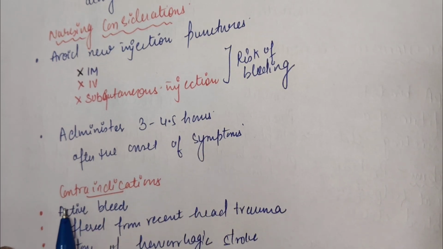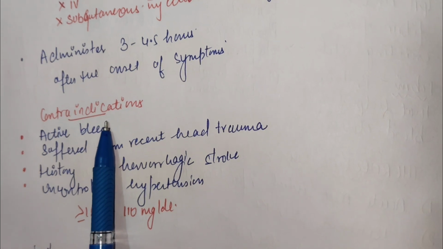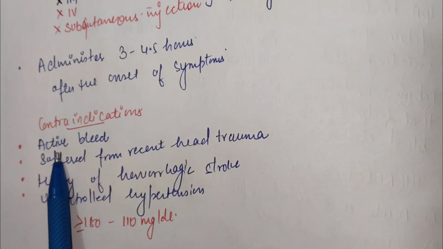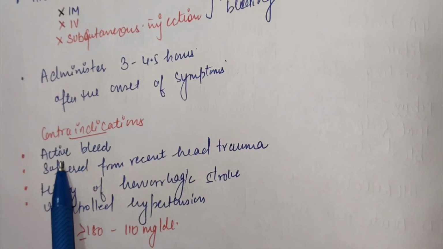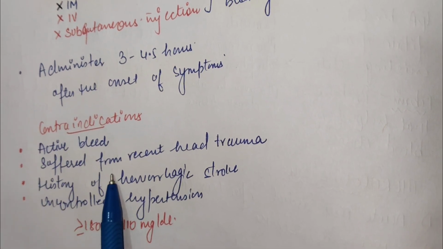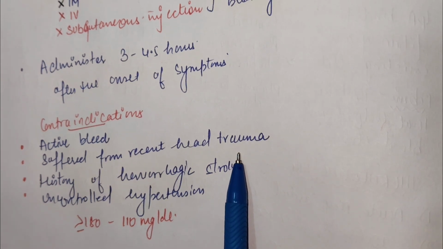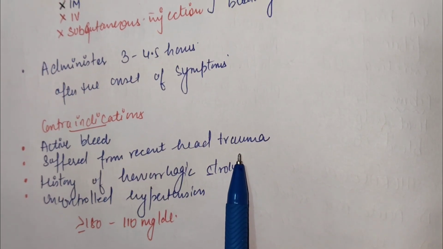Then last are the contraindications, the cases in which we cannot give the TPA injection. First is any active bleed. Another is a recent head trauma; with head trauma there are obviously chances of bleeding.